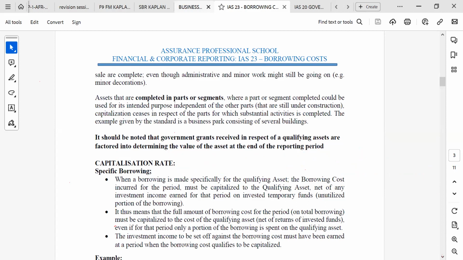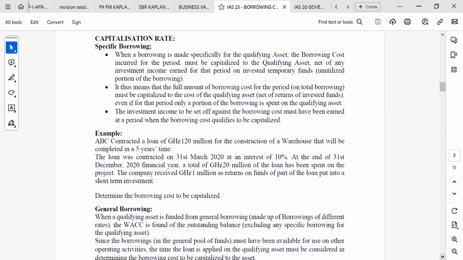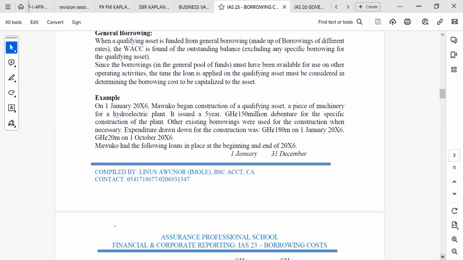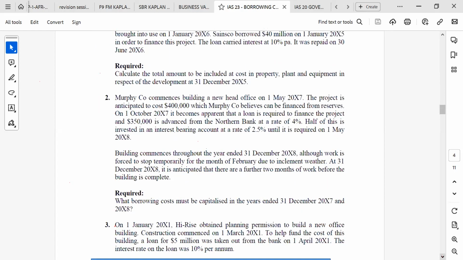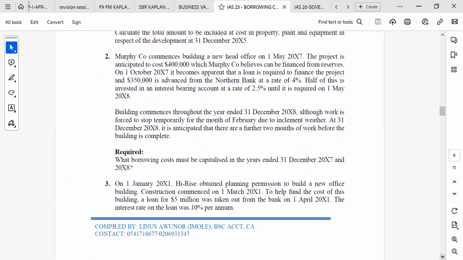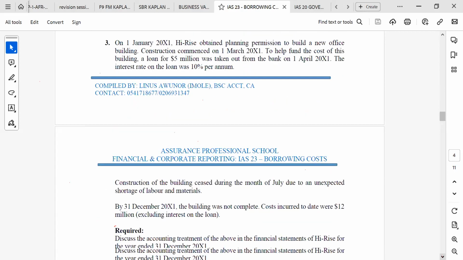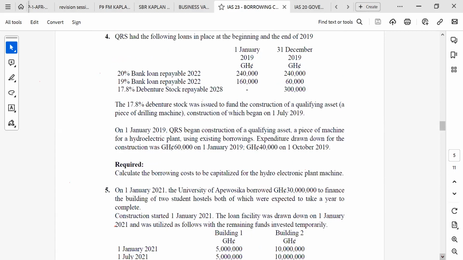So let's move from simple to complex. That example is very simple, so you don't have to worry yourself. Let me pick a very simple but technical question.